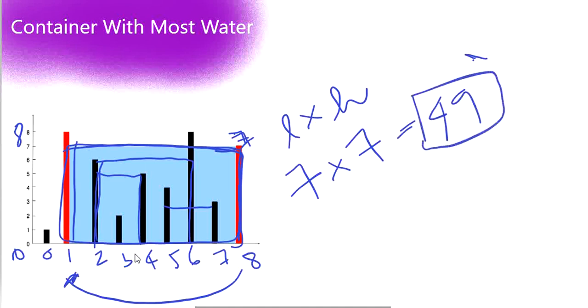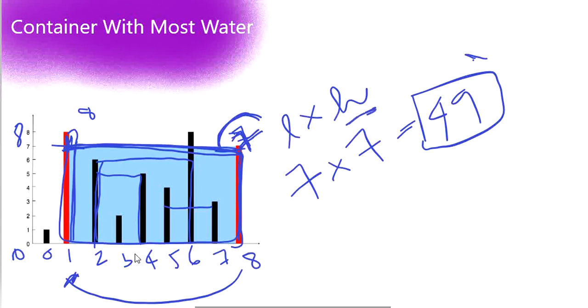So actually what is the height? Here bar 1's height is 8 and bar 2's height is 7, but the water will overflow if we fill more than 7, because this wall is of height 8 but this wall is of height 7. So we have to take the minimum of both the bars, that is 7, and calculate the height of the container.